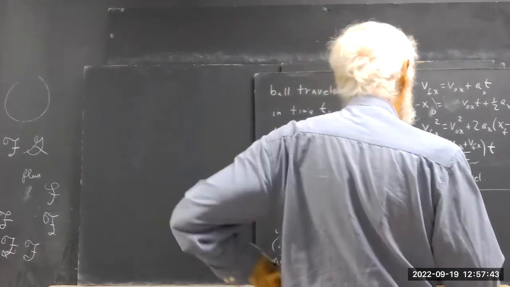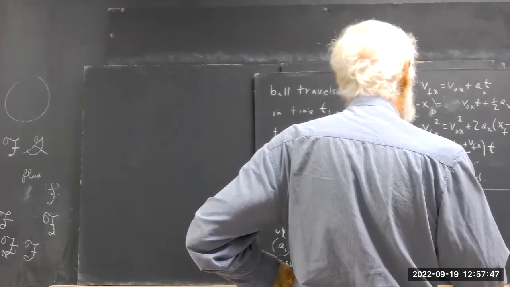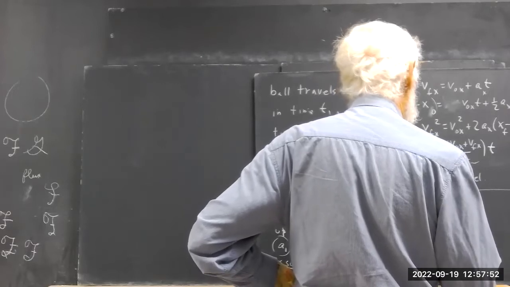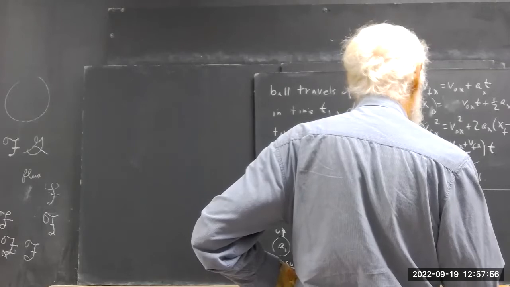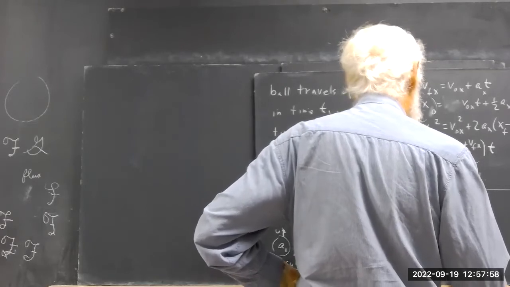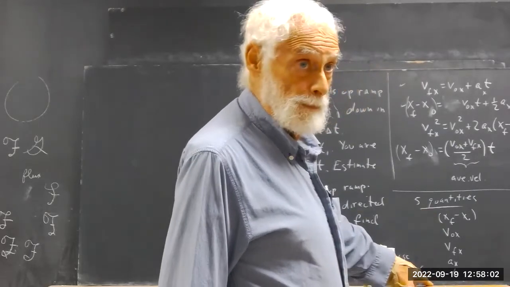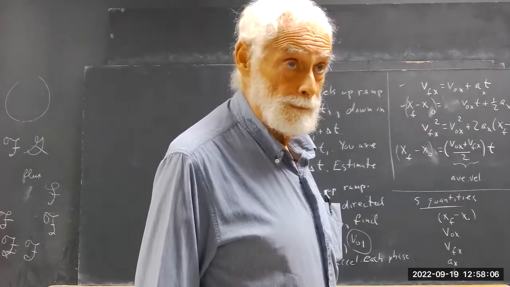But that's just one quantity. Then you've got v naught x, vf x, ax, and t. If you know any three of these, you can use the equations to find the other two.